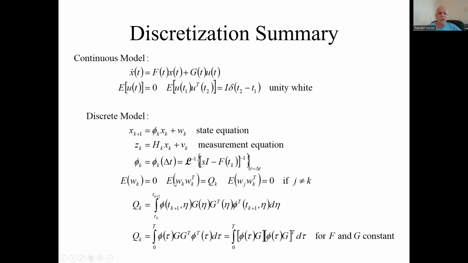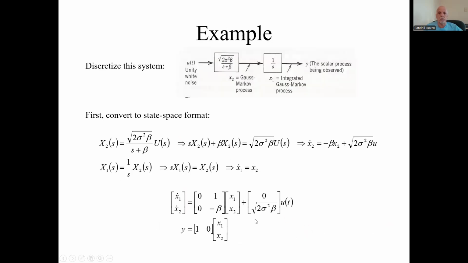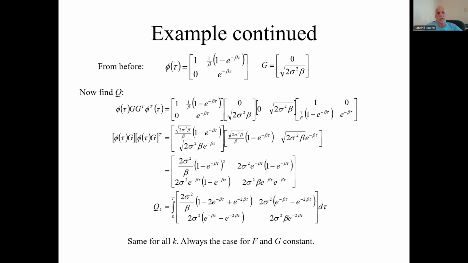And we find this Q, which is the covariance matrix of the input noise in the discrete version, and we have a formula for that too. We're only going to consider F and G being constant. So here's our formula for that. Keep that page in your notes, and that's what we're going to use.